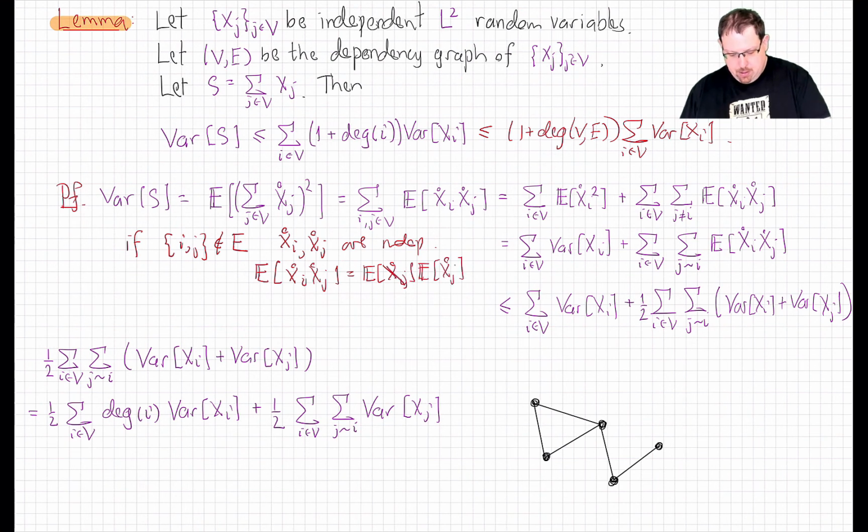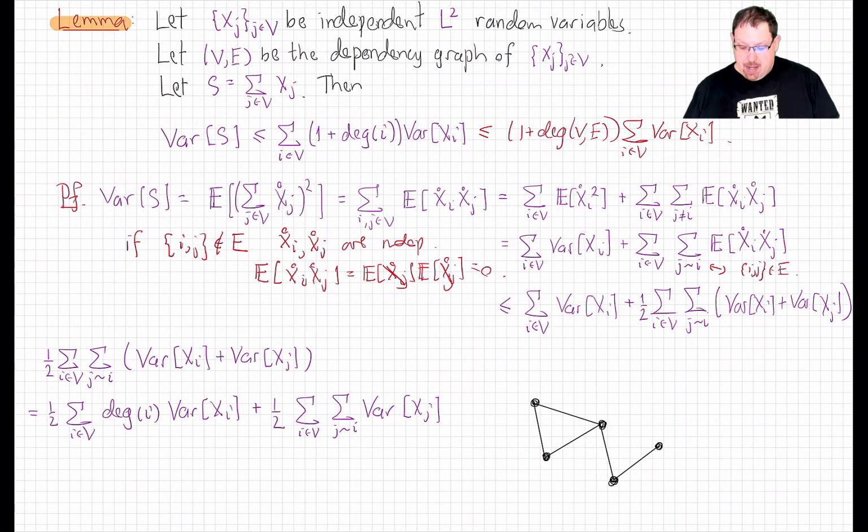But those are centered, and so that's just 0. And so what that means is that this sum here is really just a sum over all of those indices j that have an edge connecting them to the index i, which is what this notation here means. j is similar or equivalent to i, in this case, just means that ij is an edge in the graph.